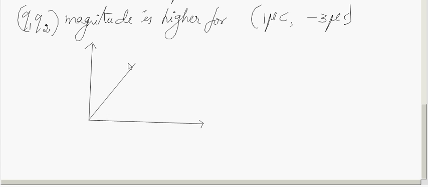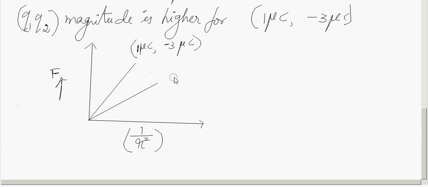This graph is for the second pair, 1 microcoulomb, minus 3 microcoulomb, and this graph with lesser slope is for the first, 1 microcoulomb, 2 microcoulomb.